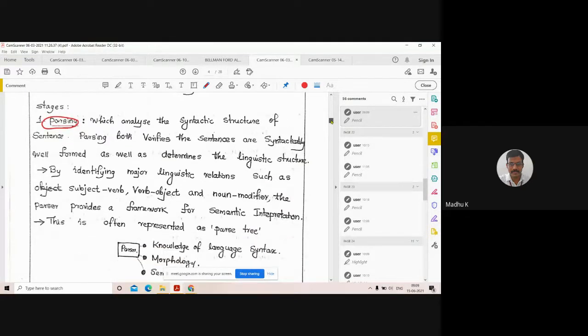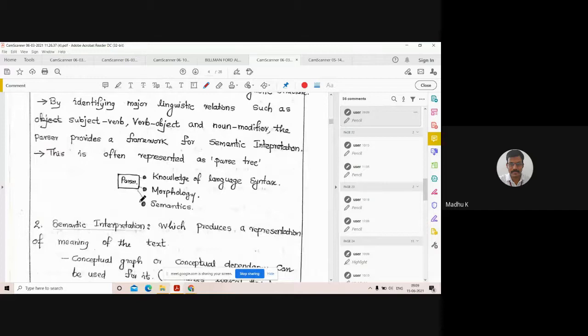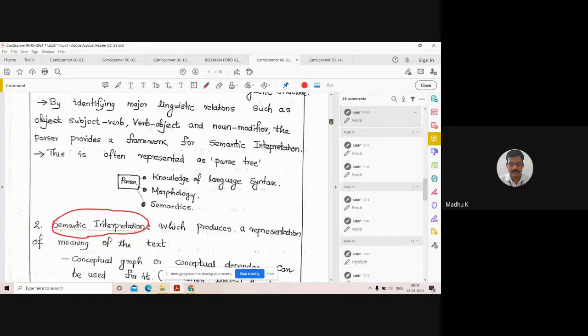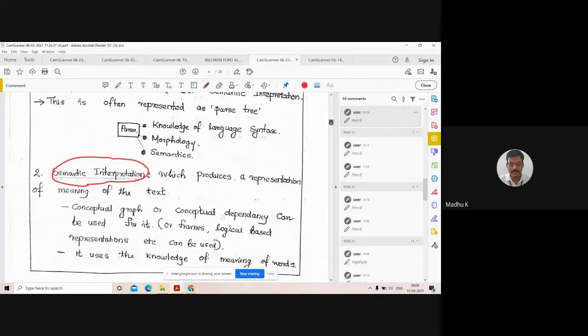Second is semantic interpretation, which produces a representation of the meaning of the text.